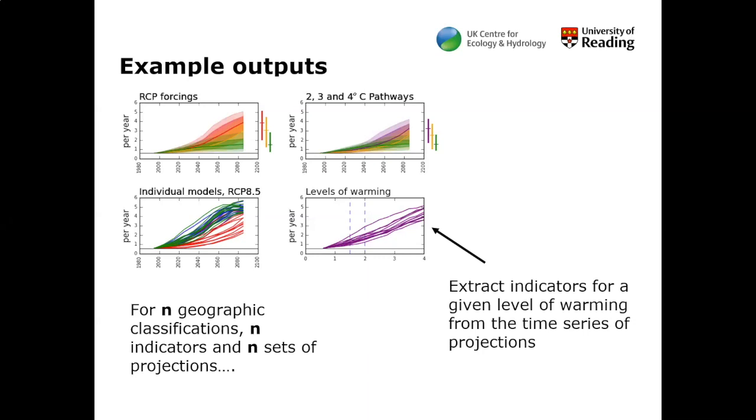So you can see straight away we've got a massive amount of information, and essentially the point of the project is not to describe what these results are, but to provide results and information to users to allow them to infer what this implies for their particular policy areas of interest and so on.